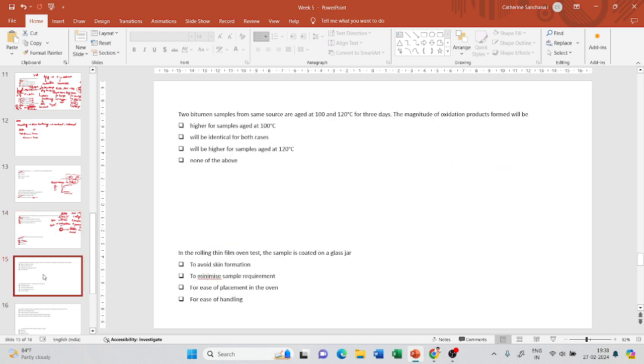Two bitumen samples from the same source are aged at 100 and 120 degrees Celsius for 3 days. The magnitude of oxidation products formed will be what? So here it talks about the influence of temperature on aging. And as I said, why do they always associate a model to a material?